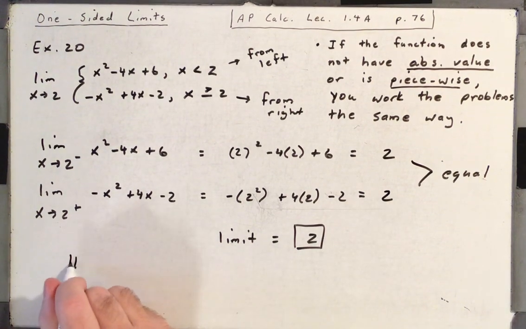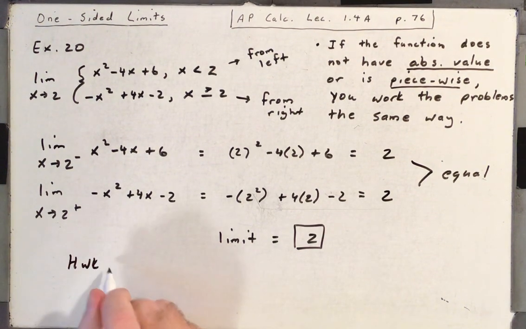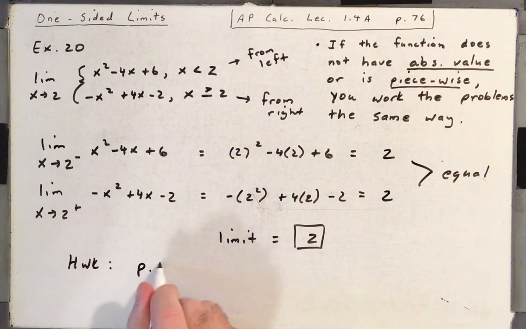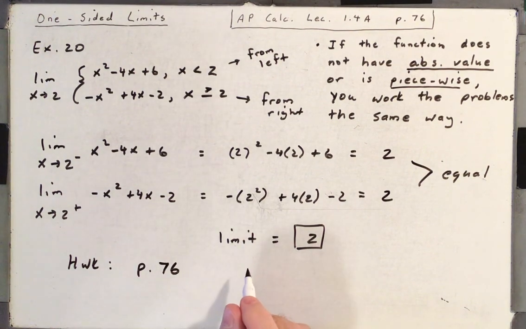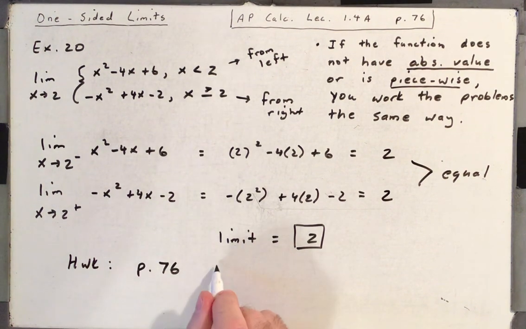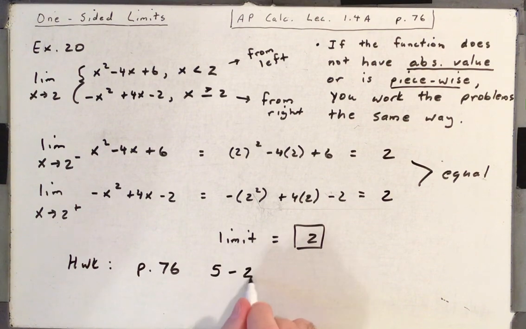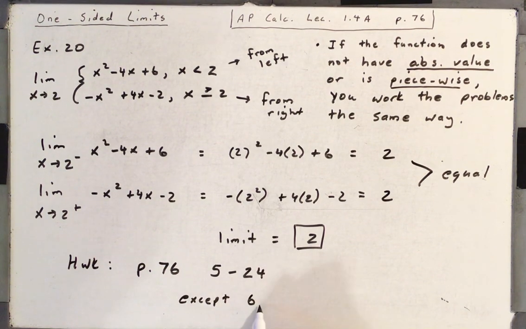The homework is page 76. And I'm going to have you do 5 through 24, but you're going to remove all these examples I just did, except 6, 10, 12, 14, 16, and 20.